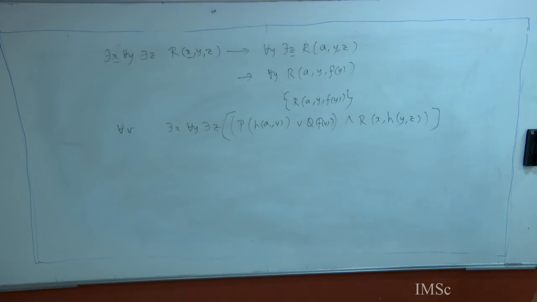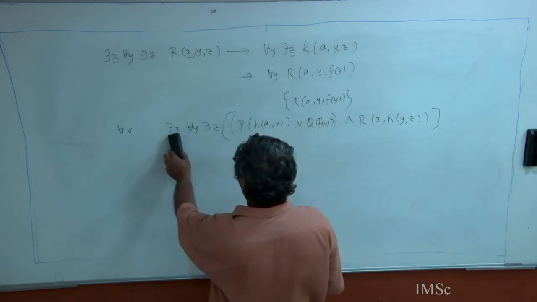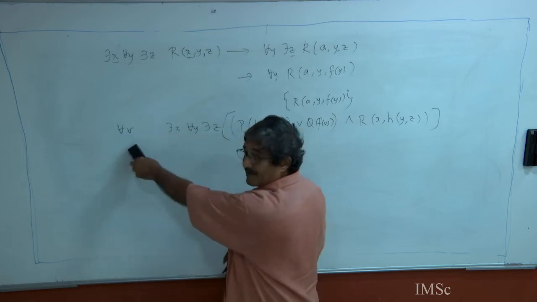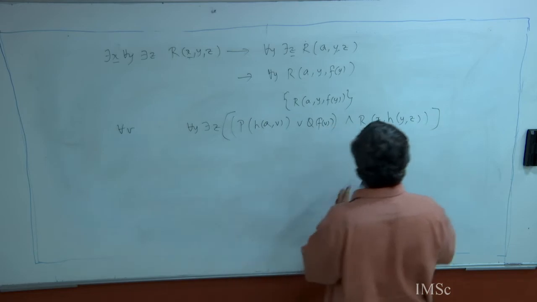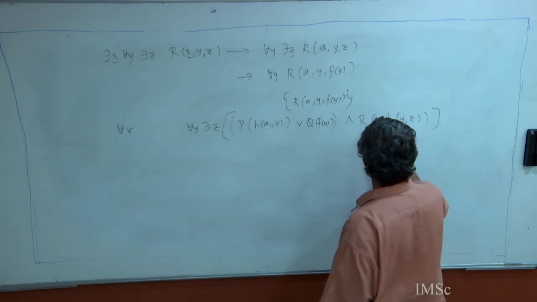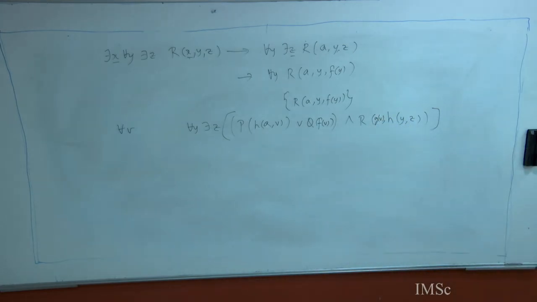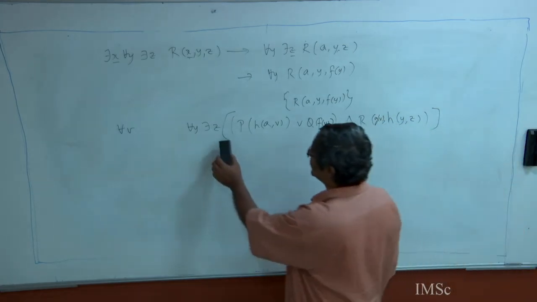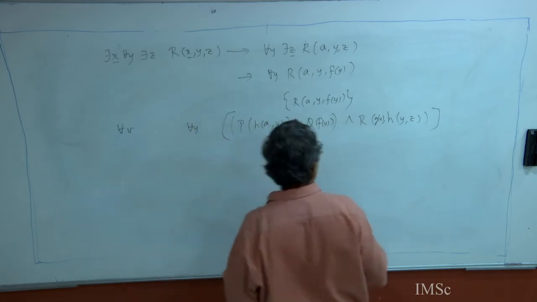Now there is an x coming, and notice that x has to be a function of v now. So change this to g of v, and now I have a z which is dependent on both v and y.